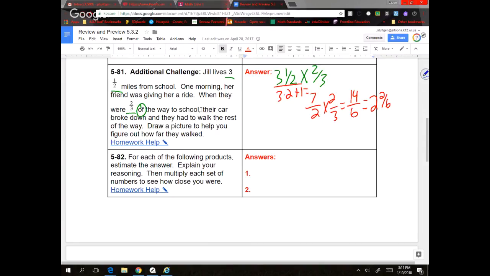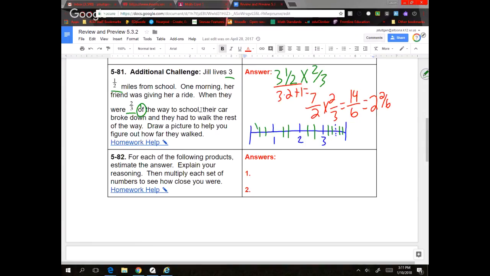Here's how I thought of the picture, or one way you could think of it. I thought of it as a number line. So here's number 1, number 2, number 3. And then my half would be somewhere right there. So I had to divide each of these into thirds. So thirds, thirds, thirds, thirds, and we're going to divide that one into thirds as well.